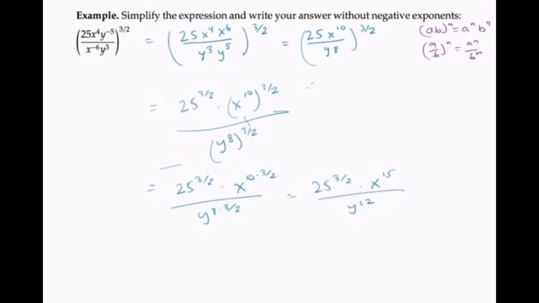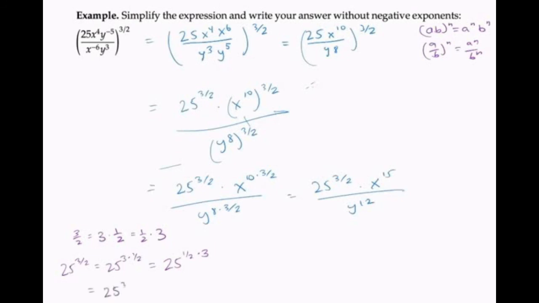Finally, I need to rewrite 25 to the 3/2. Since 3/2 can be thought of as 3 times 1/2 or as 1/2 times 3, I can write 25 to the 3/2 as 25 to the 3 times one half, or as 25 to the 1/2 times 3. We are using the power rule in reverse.